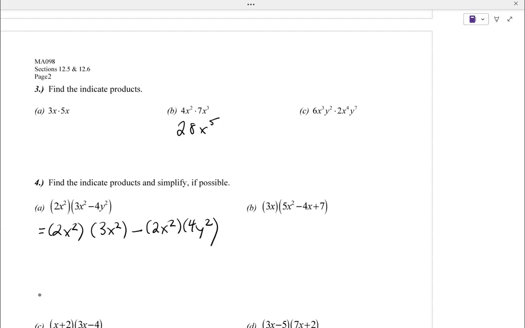What do we get with that first one? 6x to the 4th, because it's 2 plus 2 there, right? Yep, so 2 times 3 gives us the 6. 2 plus the 2 gives us the 4. What about in the second one?